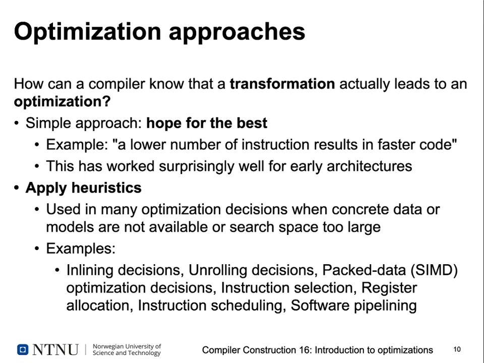So these are a number of important optimizations, and all these have to rely on heuristics, because otherwise we would wait for days and days for a compiler to produce any useful result.